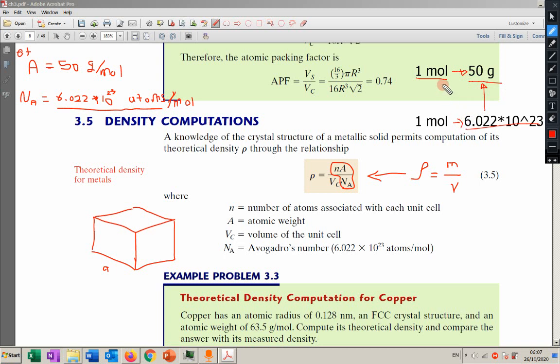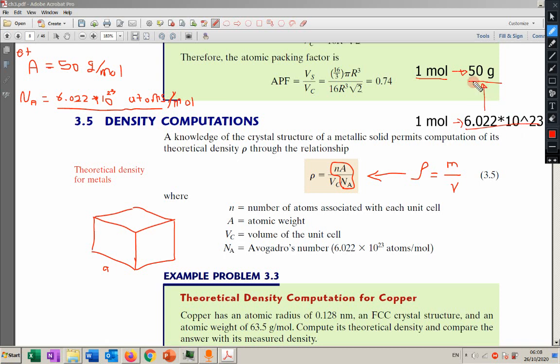It's like saying that Ahmed is Jack's brother, and Ahmed, that's another name, is Jonathan's brother. So in that case, Jonathan will be Jack's brother. Because 1 mole is 50 gram and 1 mole has this many atoms, this many atoms weigh 50 gram.